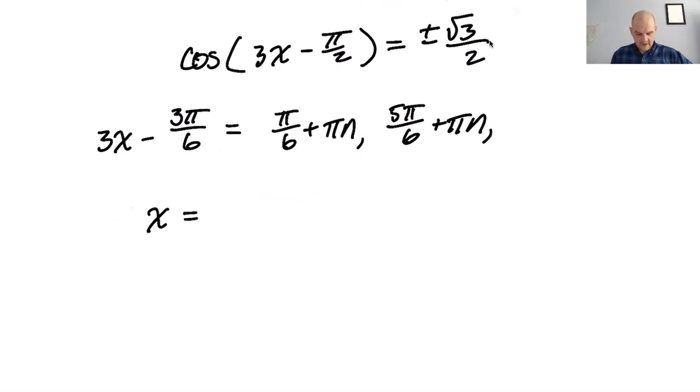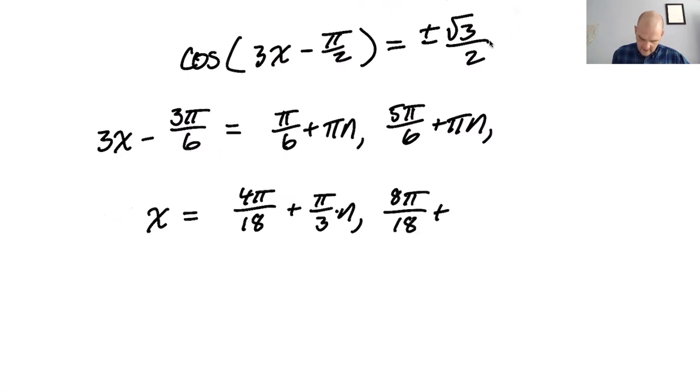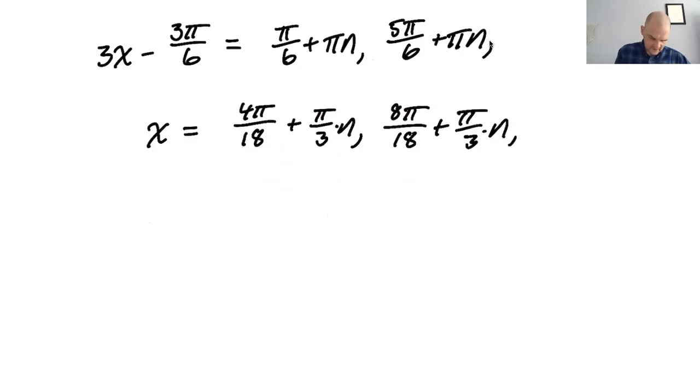But I don't like it. So if I add 3 to the numerator and then I divide by 3, the denominators all just become 18. So I'm going to get 4 pi over 18 plus pi over 3 times n, but also 8 pi over 18 plus pi over 3 times n. I'm going to simplify those.